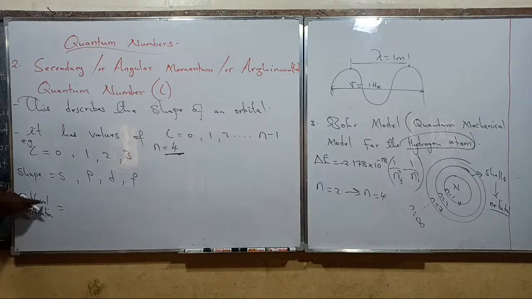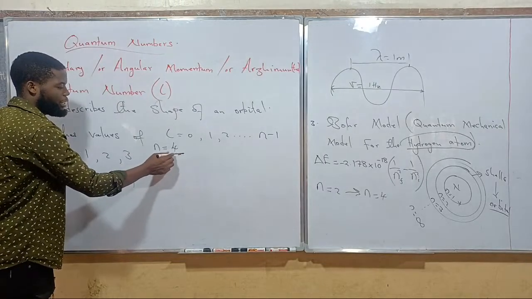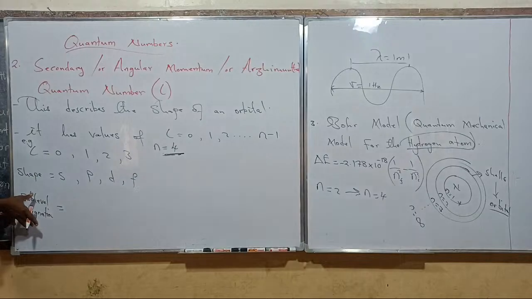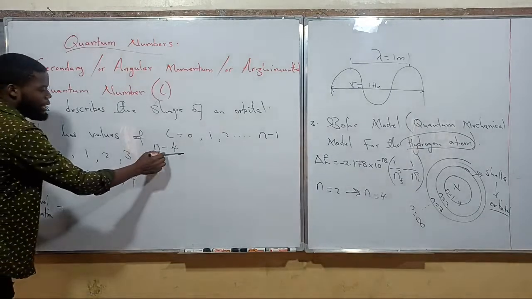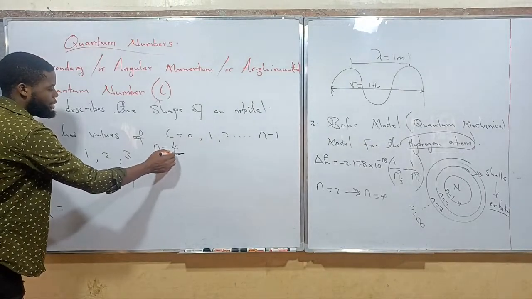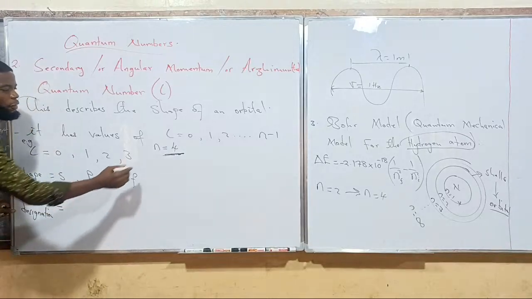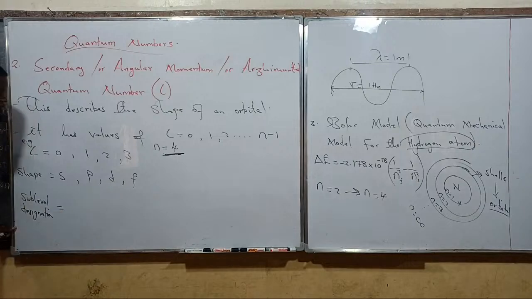By sublevel designation, they mean that for each value of n, there are sublevels or subatomic orbitals that can be designated, here for n equals 4.